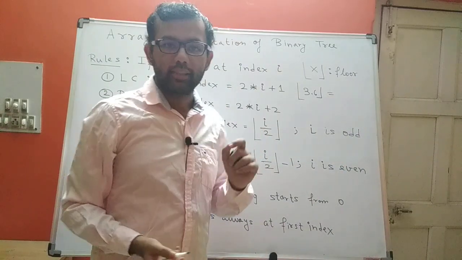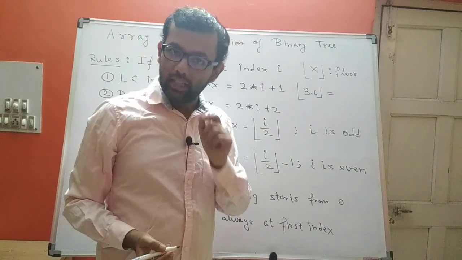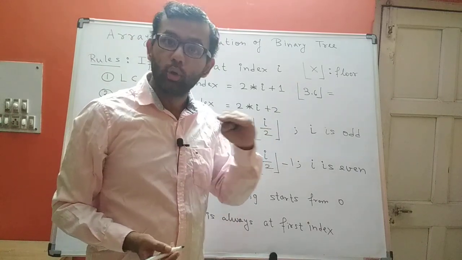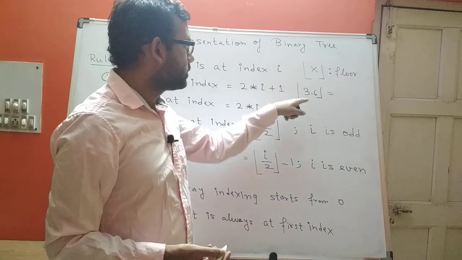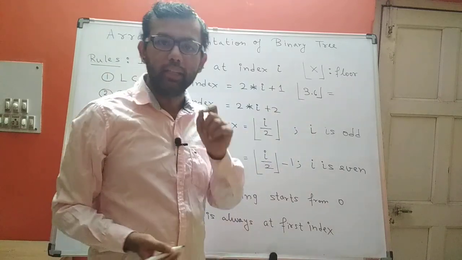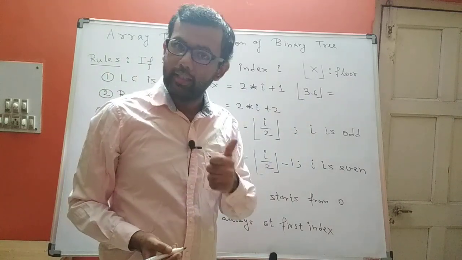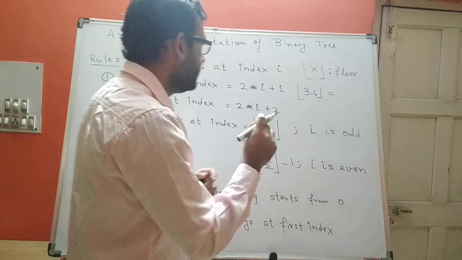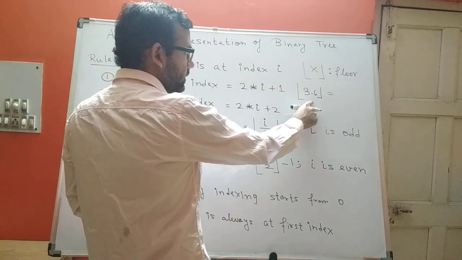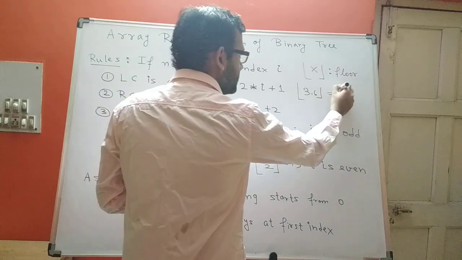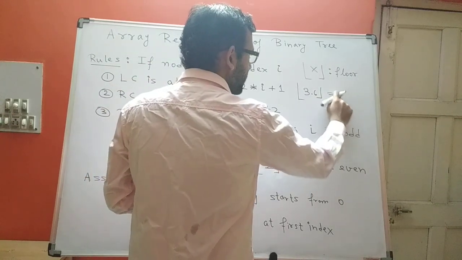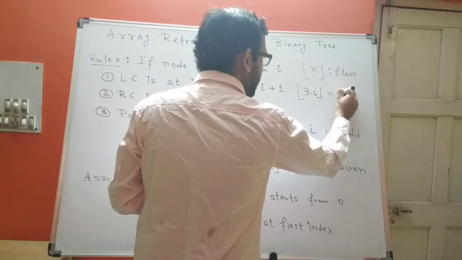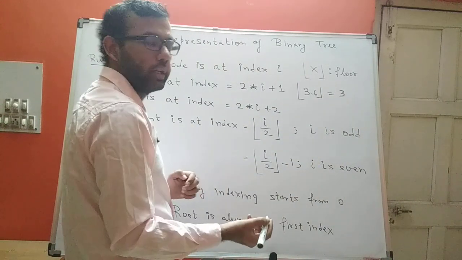Floor of 3.6 is the integer which is less than 3.6 but which is closest to 3.6. So the integer which is less than 3.6 as well as closest to it is 3. So here the floor value of 3.6 would give me 3.